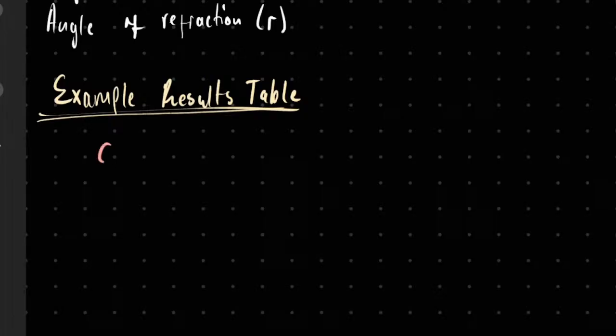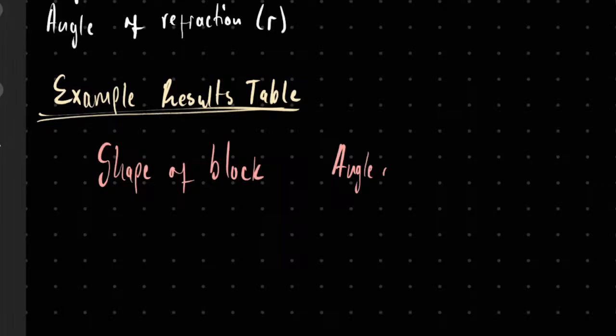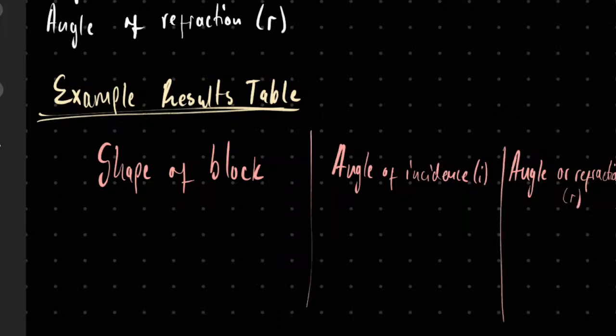We'll have the shape of block, then we are going to have the angle of incidence, this is your I, then we have the angle of refraction, which is going to be your R, something like this, right?